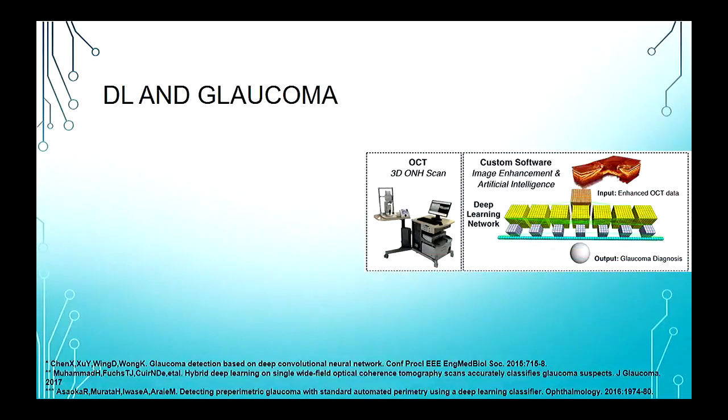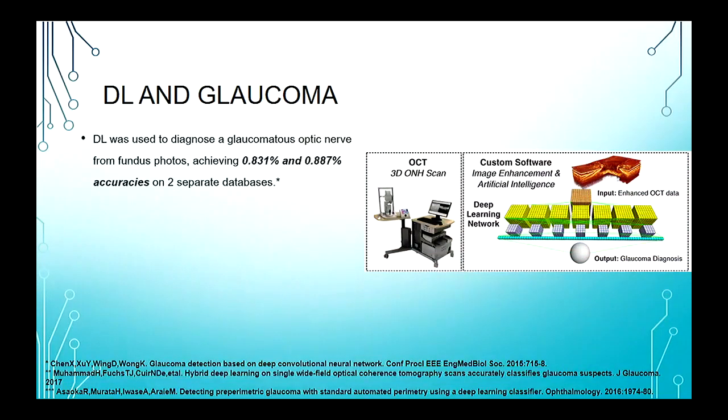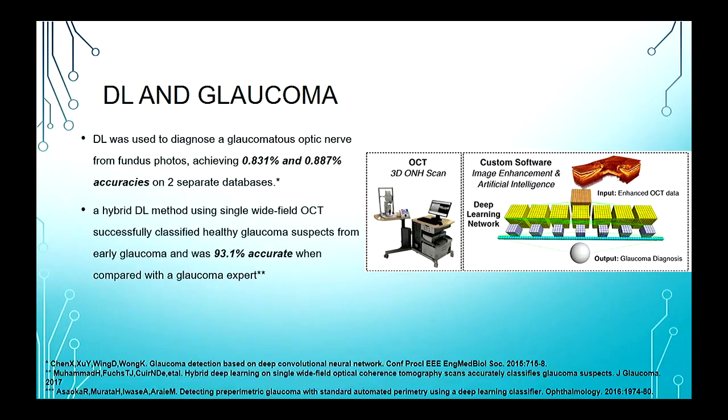In glaucoma, there was a study that used fundus photos of the optic nerve for detecting glaucoma, and it achieved about 83 to 87% accuracy. Another model used OCT images, disc OCT images, and it achieved 93% accuracy in detecting glaucoma.